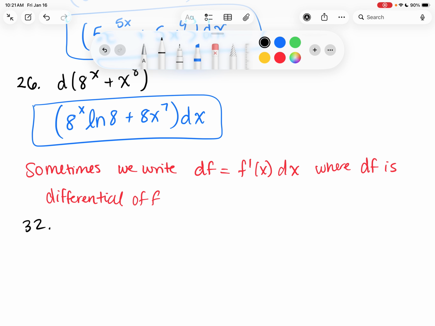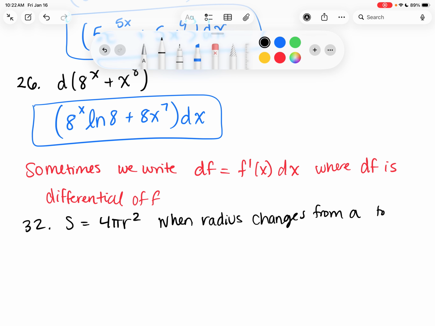It says the change in surface area, S equals 4 pi r squared of a sphere, when the radius changes from A to A plus dr.